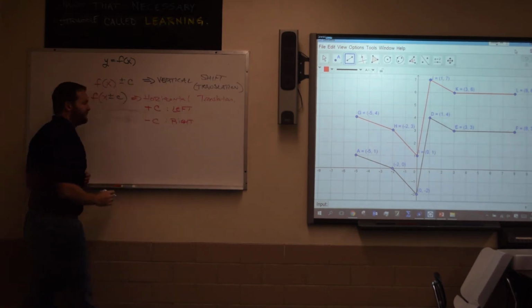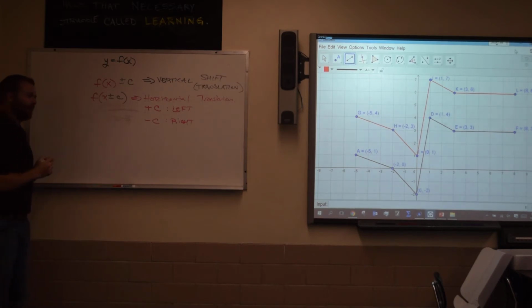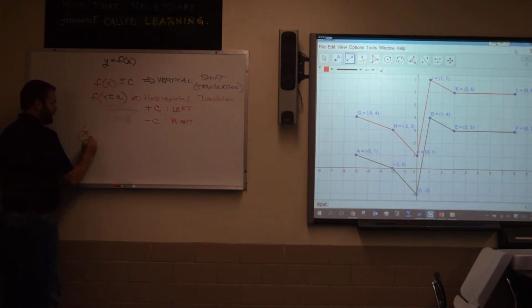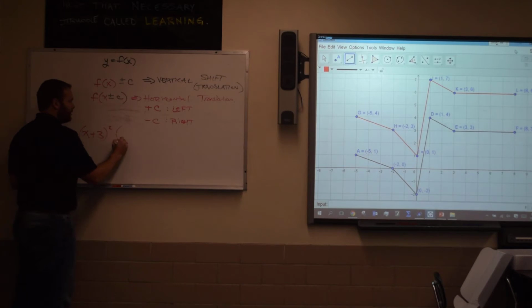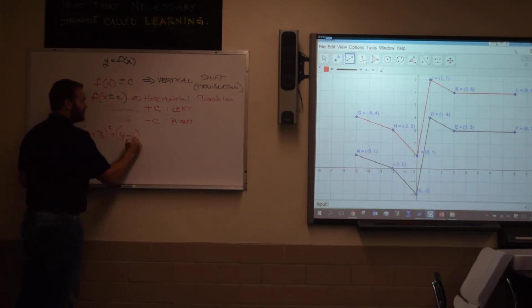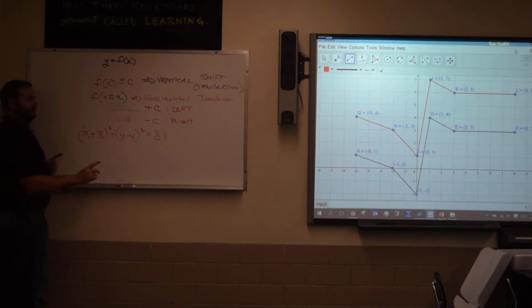And we've talked about this before when we dealt with circles. If I had x plus 3 squared plus y minus 4 squared is equal to 81, a normal circle, the initial circle we talk about is always centered at 0, 0. That's going to move it left 3, right? And that's going to move it up 4, right?